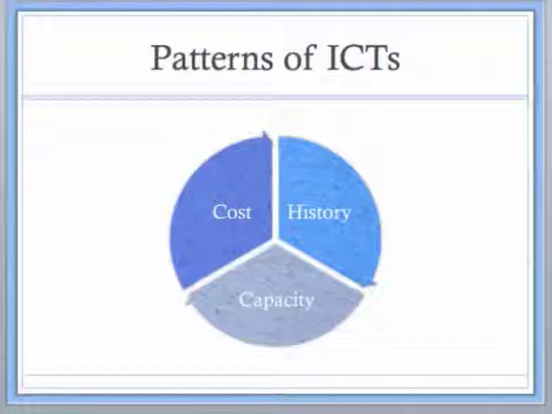So similarly, the capacity to receive, exchange and communicate information has also dramatically increased as the capacity to store information has grown. Let's consider how this growth of ICTs, the capacity that has grown over history, has affected the cost.